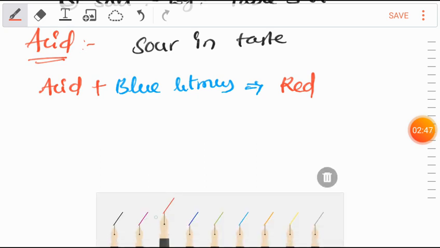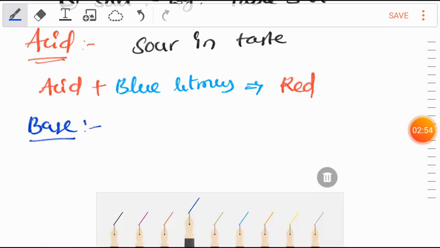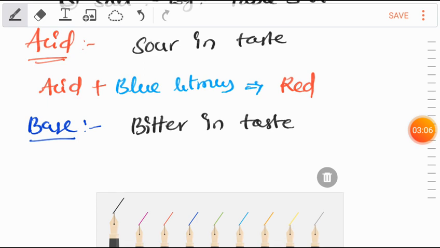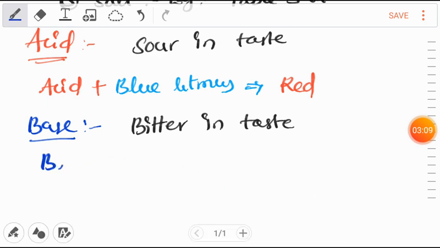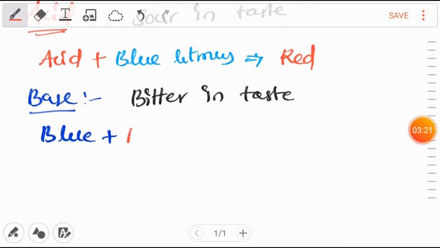Next one, base. What is meant by base? A base is a substance that is bitter in taste. In the litmus test, to test the base, what litmus are we taking?